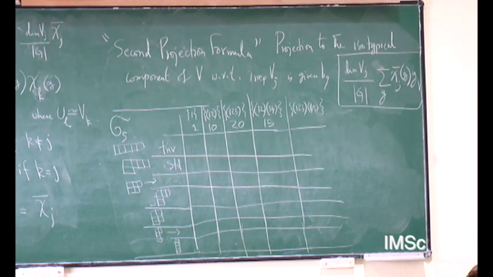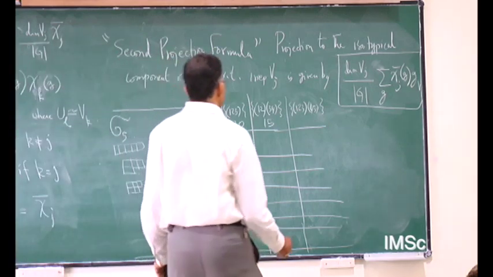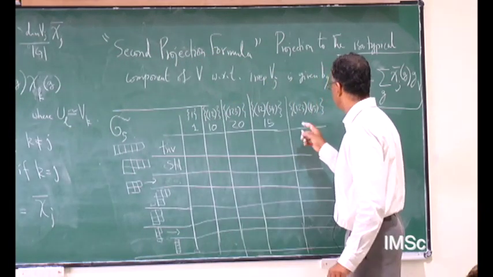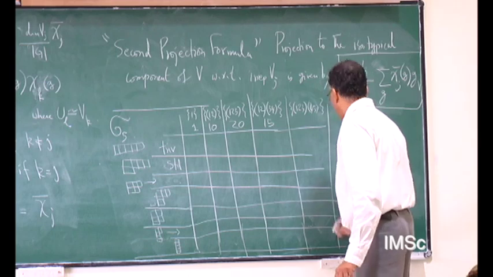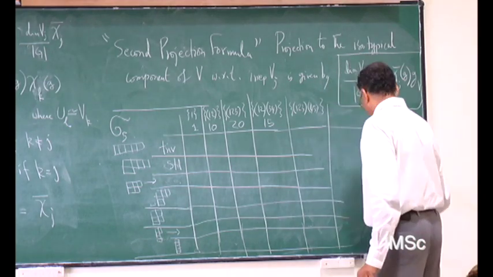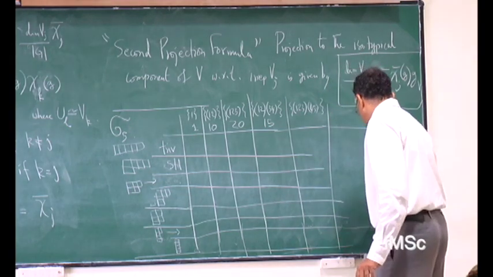Okay, maybe you made some mistake somewhere. I have to divide by 5. How many here? So let's see. I hope I have enough room.